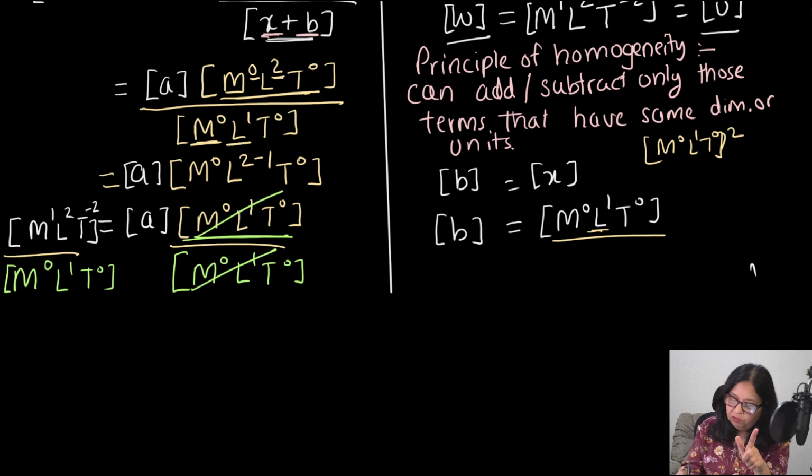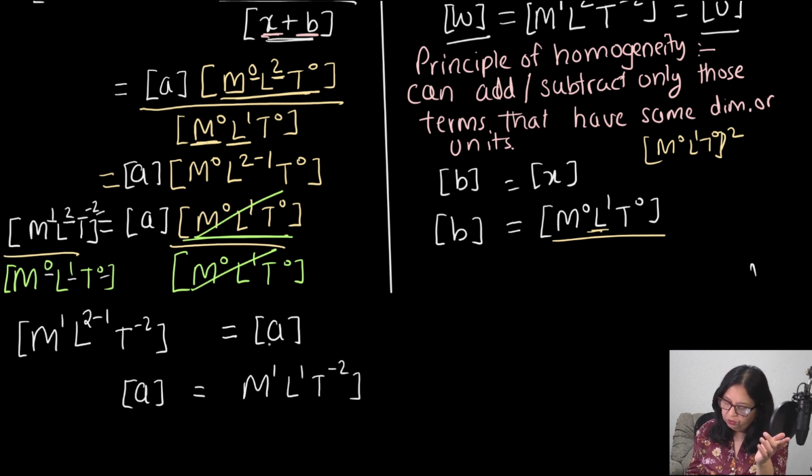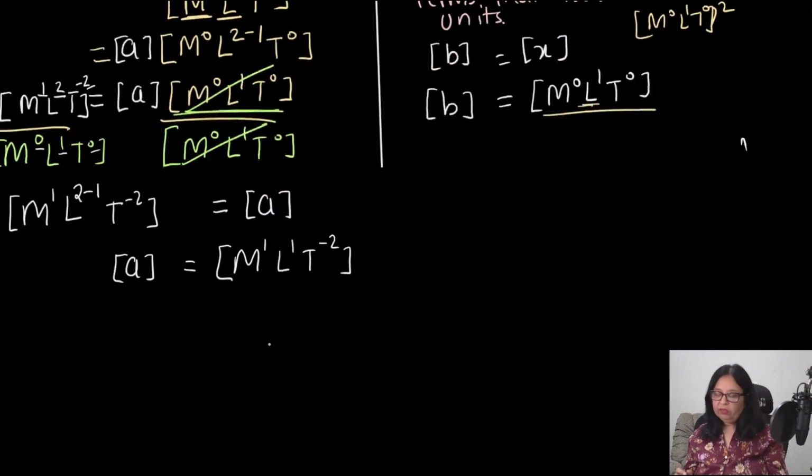So this gives me dimensional formula for A equals m to the power 1, and 0 gives 1. L to the power 2 and this 1 gives you 2 minus 1. T to the power minus 2 and this 0 stays minus 2. So let me swap left and right side. That makes no difference. We get m1, L1, T minus 2. So we say that this is the dimensional formula for A.